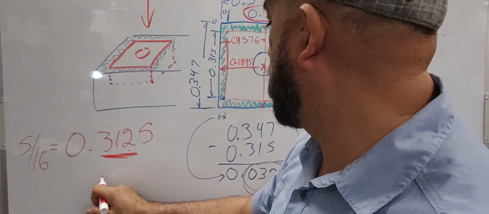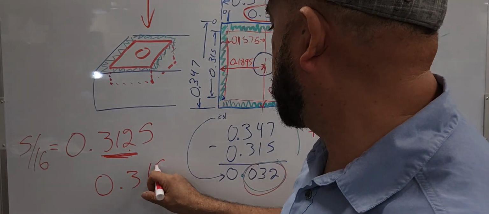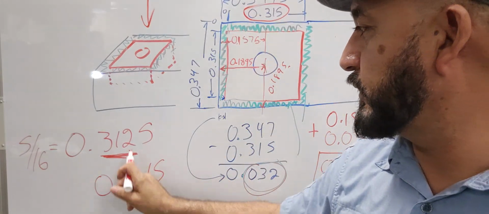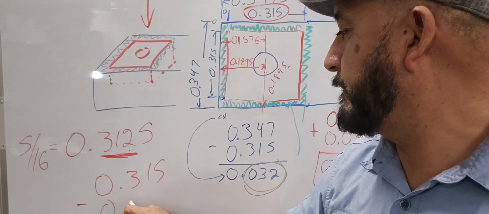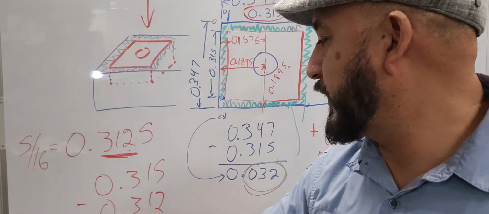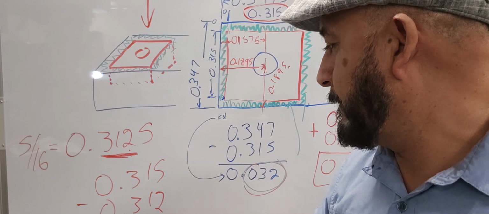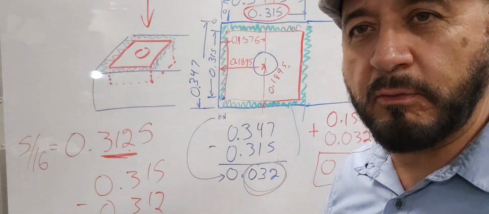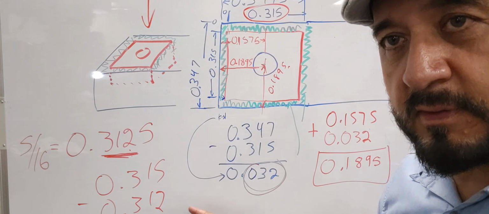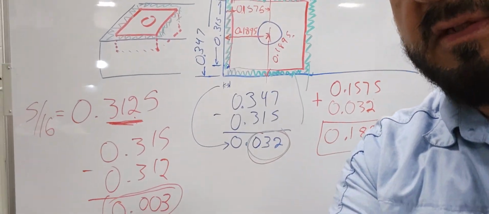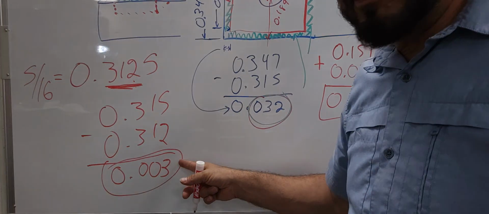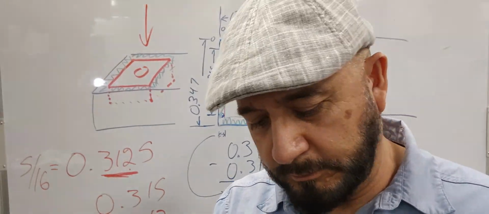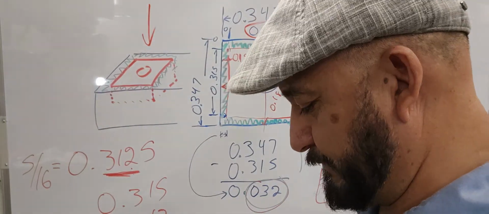So if we go 0.315 as in here, and we do the 315 minus the 312, what do we get? 0.003. Wow, that's 0.003. Let me bring this down so you guys can see it. 0.003 difference. That's very minimal. That's perfect for what we need. So we got the right tool to make that big pocket.